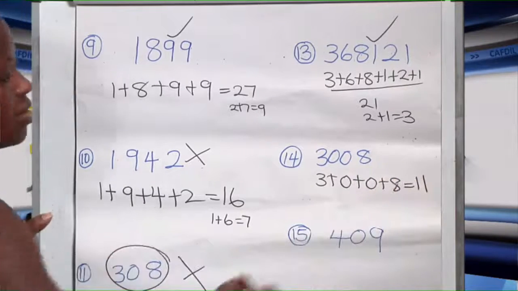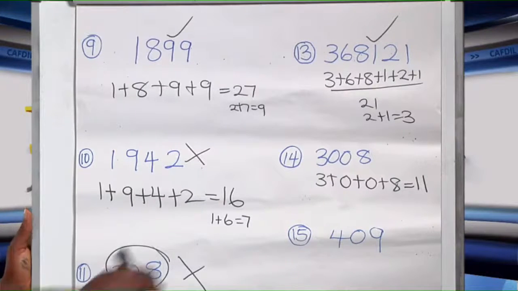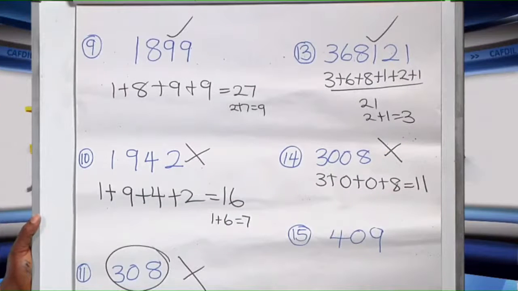This will give us 11. Is 11 a multiple of 3 or 11 divisible by 3? No, 11 is not divisible by 3. So, 3008 is not divisible by 3. Cross it.